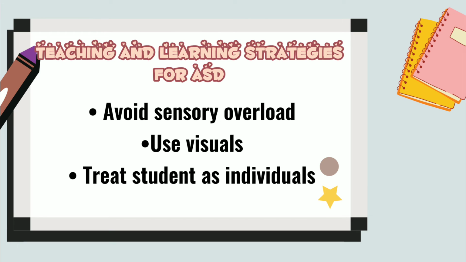Children with autism spectrum disorder respond well to visual features, and modeling is more useful to autistic kids than a long explanation. And the last, treat students as individuals. When working in a school with exceptional learners, it's critical to exhibit tolerance, understanding, and respect as a future educator.